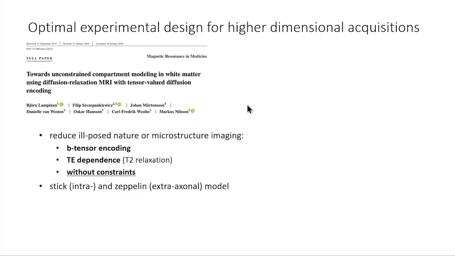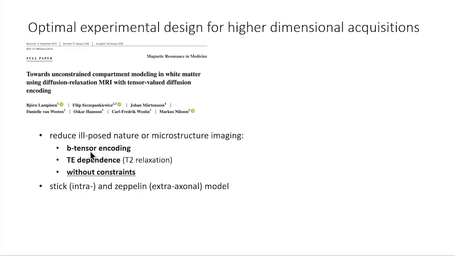And then another example that I came across looked at this problem from the microstructural modeling angle. They tried to reduce the ill-posed nature of a 2-compartment microstructure model with a stick for the intra-axonal diffusion and a zeppelin for the extra-axonal diffusion.